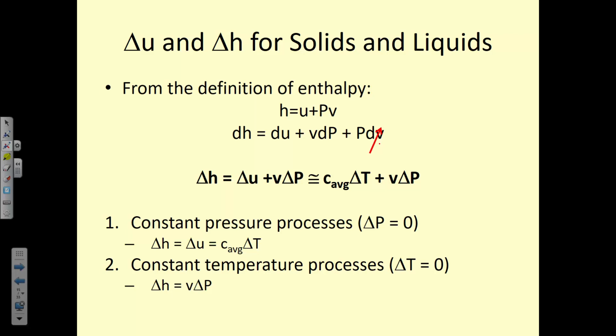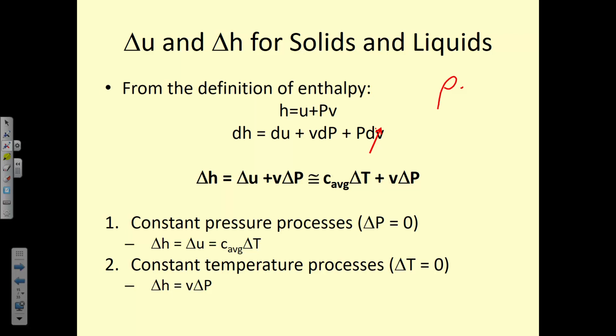Okay, so if we're working with solids and liquids, when we look at the definition of enthalpy again, which is this U plus PV term, if we differentiate that, dH is equal to dU plus V dP plus P dV. Now for solids and liquids, we can get rid of this dV term because solids and liquids are incompressible, which means their density doesn't change.